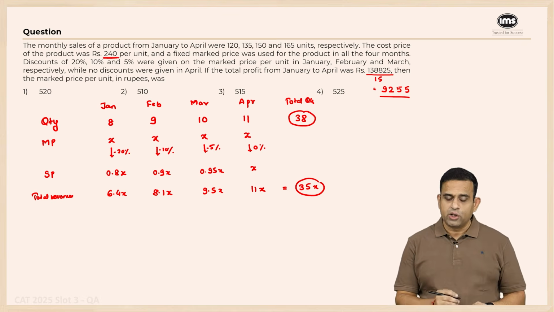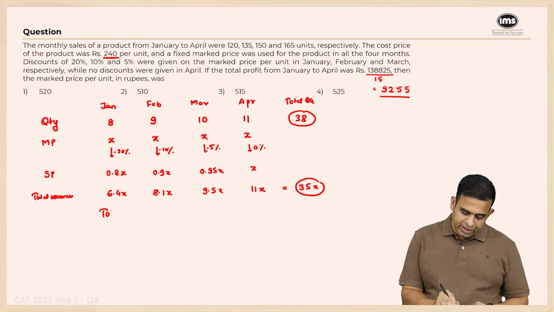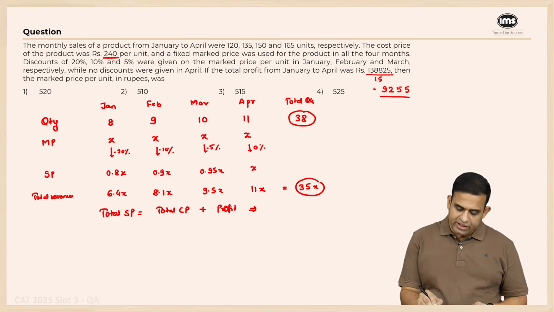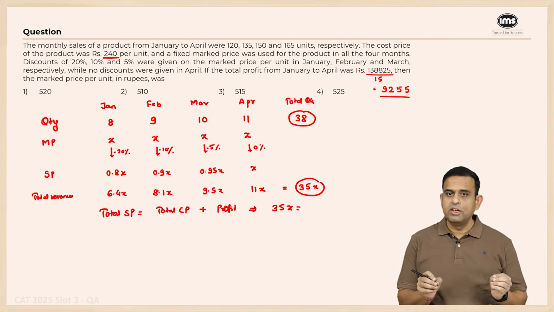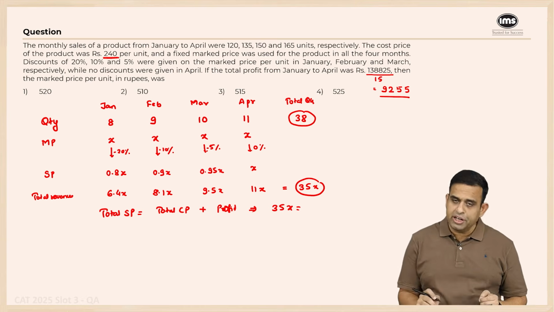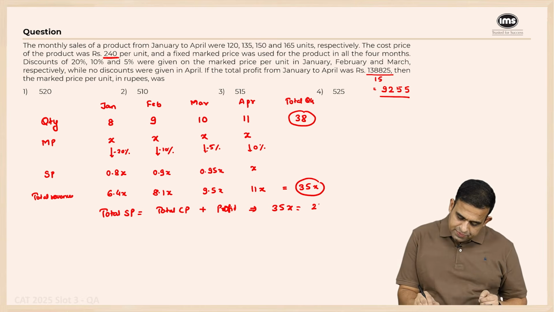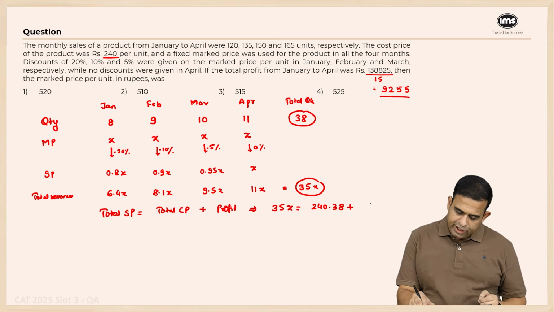So what I can say is that total selling price should be equal to the total cost price plus the profit. Let's simplify this. 35x should be equal to the total CP, which is 240 into 38, plus the number 9255.